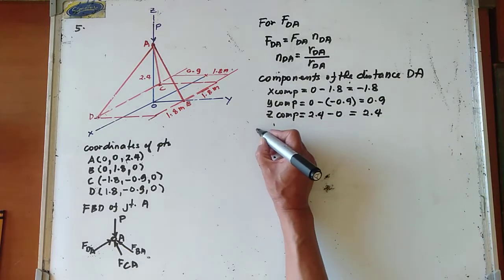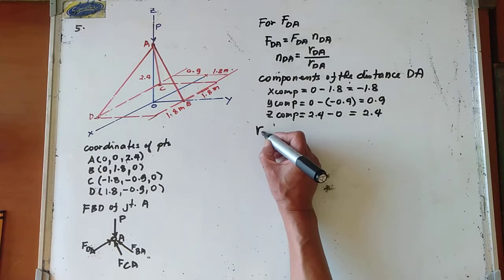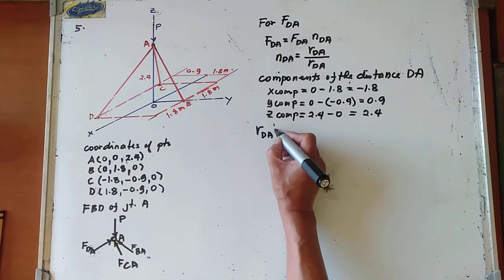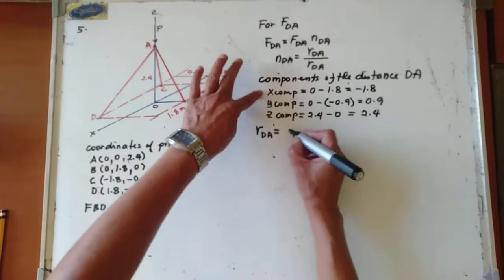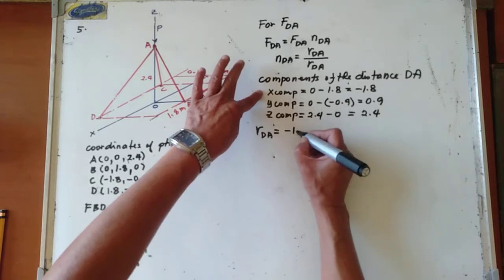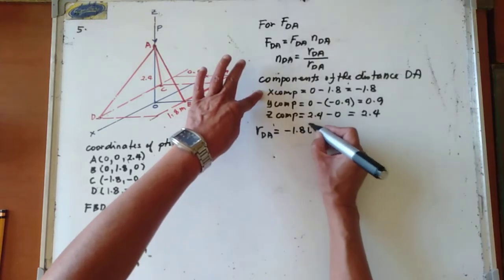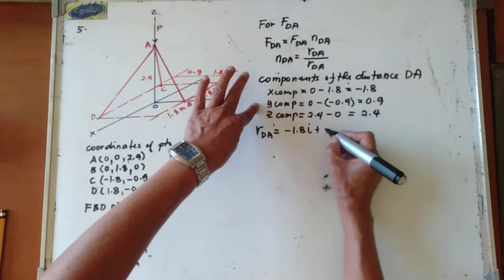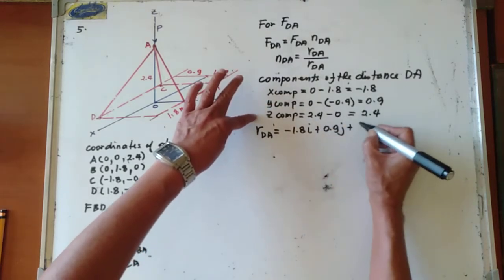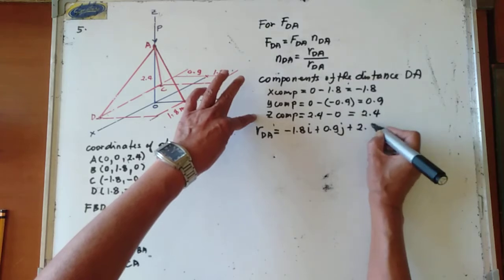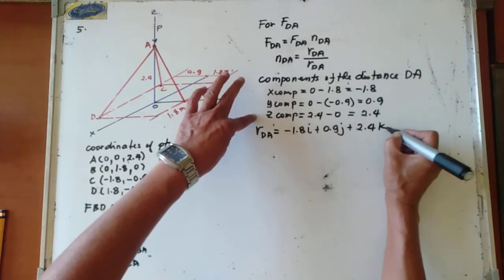Hence, the position vector RDA is now equal to minus 1.8i plus 0.9j plus 2.4k.